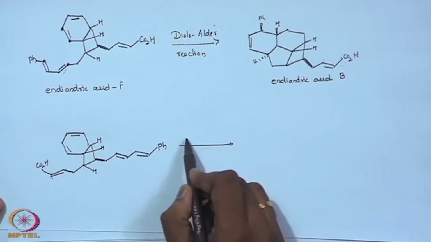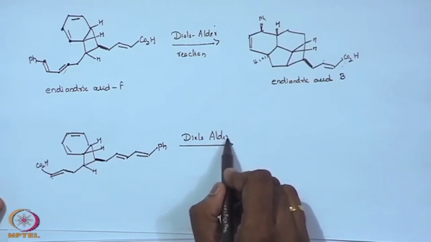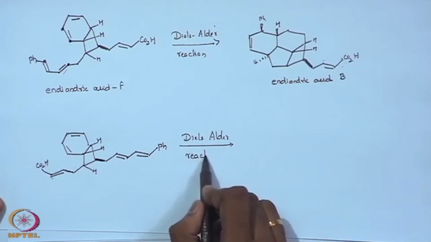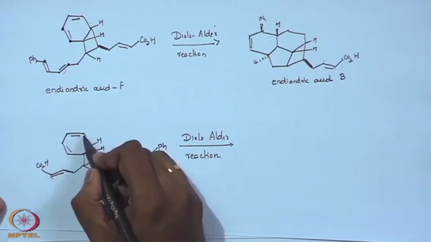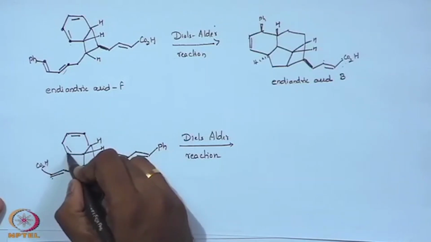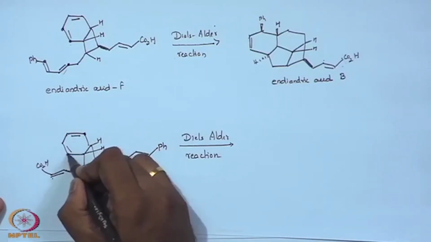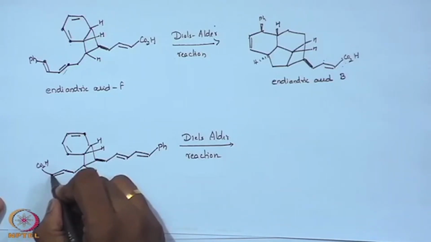It will undergo Diels-Alder reaction, but how different will it be? Yes, in this case it will be just the reverse of it. This will be your diene system, this will be your alkene system.